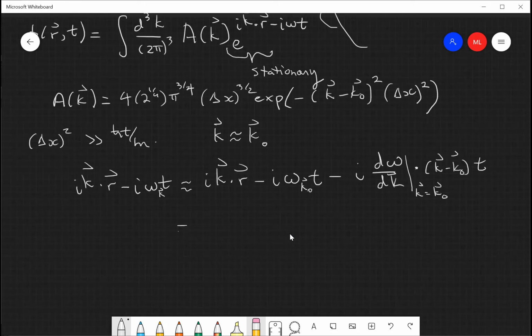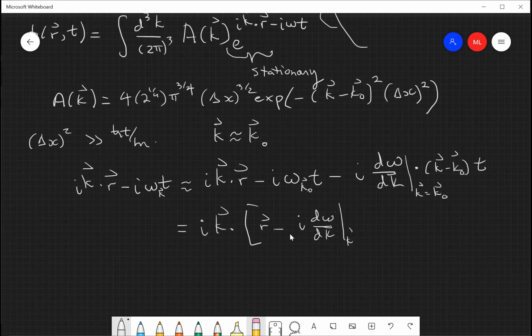So what does this become? This becomes ik dotted into r vector minus i d omega dk, again vector evaluated at k equals k naught. It's the gradient times t.